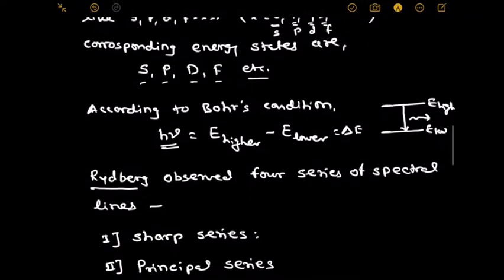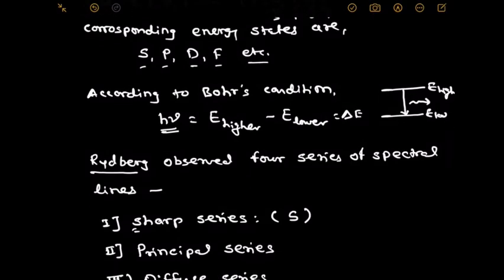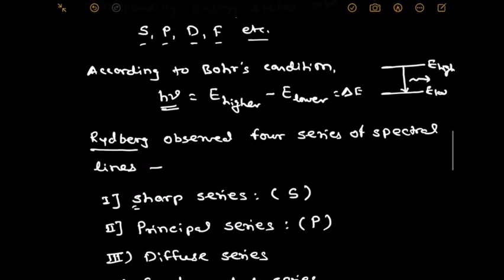The sharp series. Second, the principal series. The names are indicated from the first symbol; the sharp series results from all transitions ending in the S state, and the principal series starts from all P states. The diffuse series is another group of series he observed from the alkali spectra.